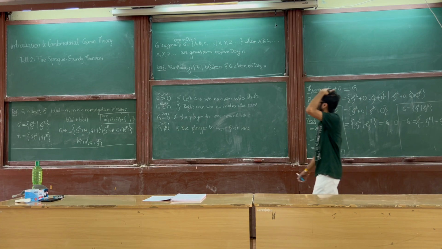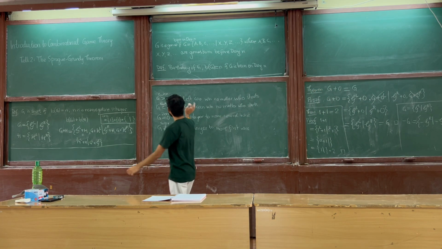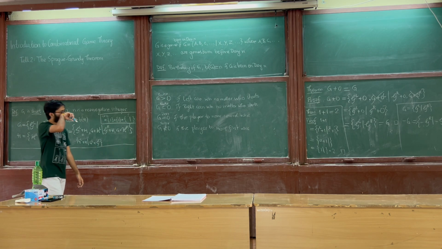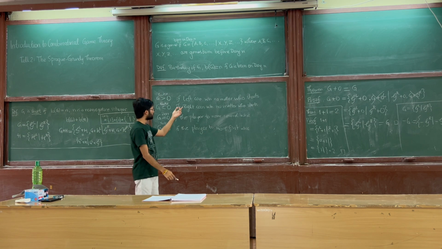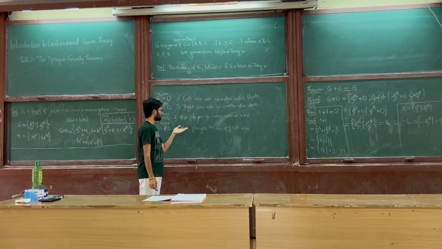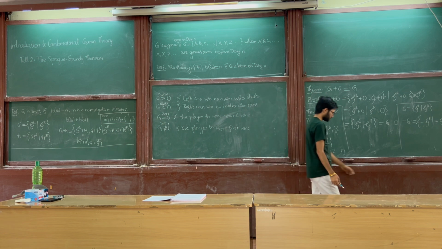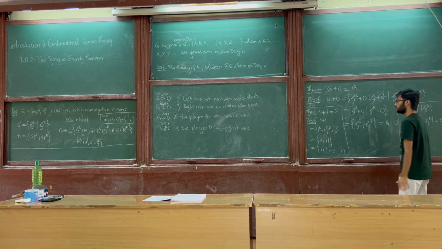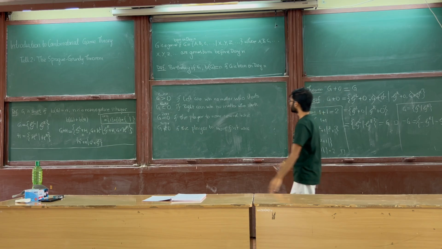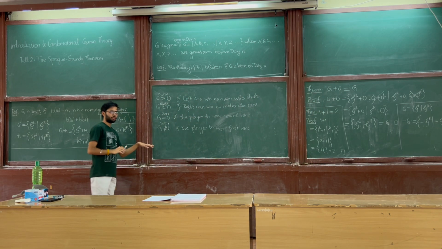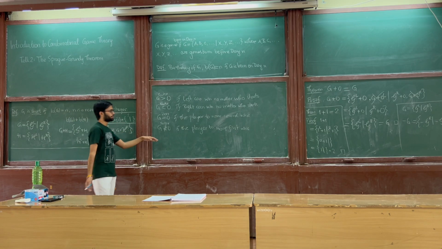But some of you might notice that I've done all the definitions here, but I've not really defined what it means for left to win or right to win. And you would be right that I'm not, but I'm just going to leave that part for today. In fact, you can try to come up with it yourself.